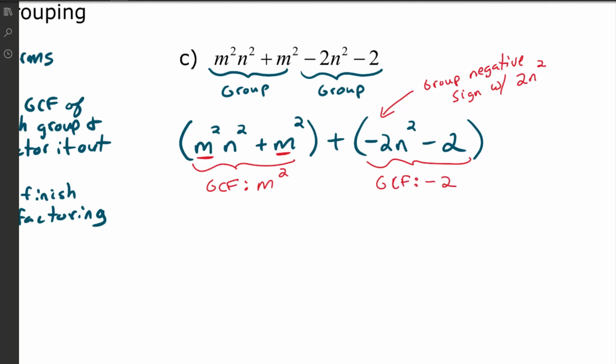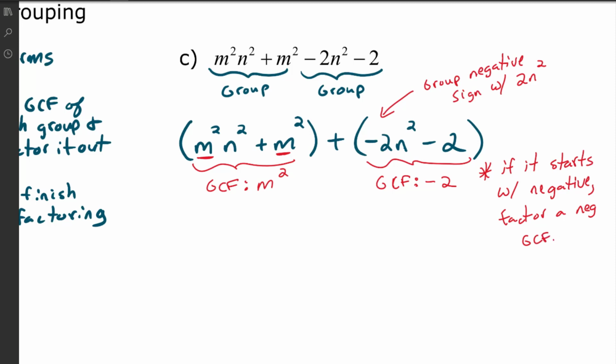So if it starts with a negative, it's best to often factor out a negative GCF.